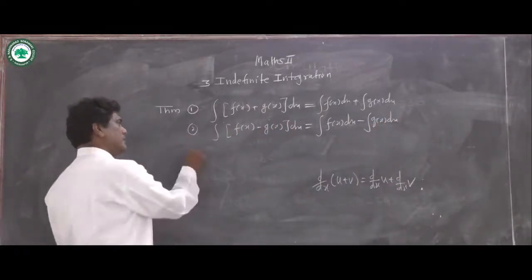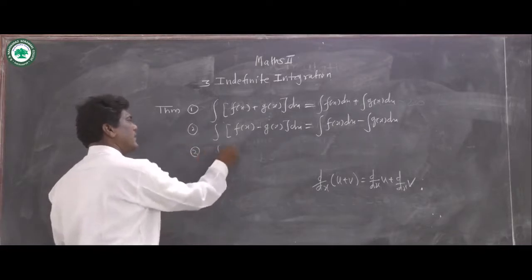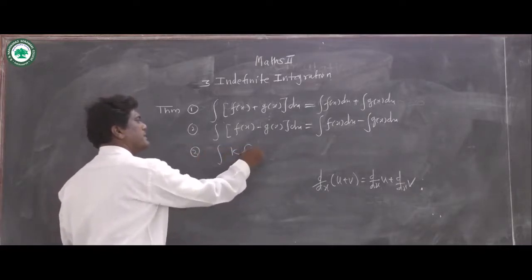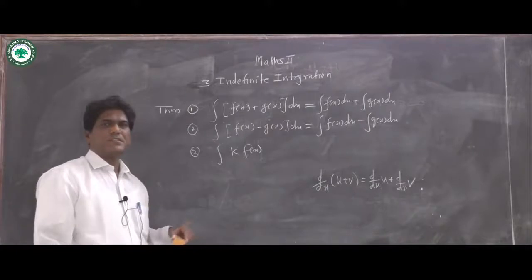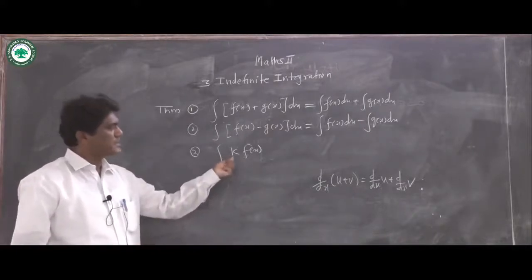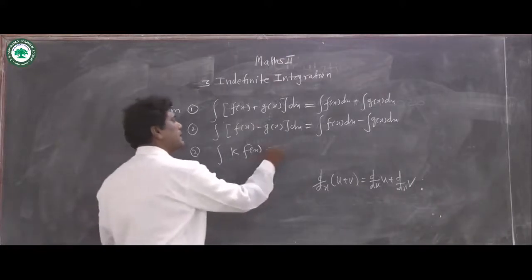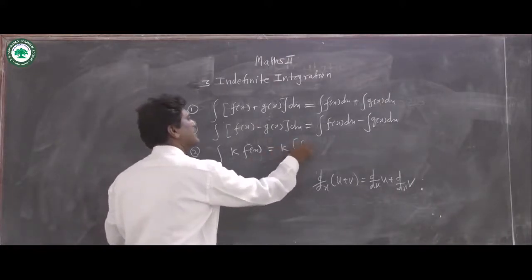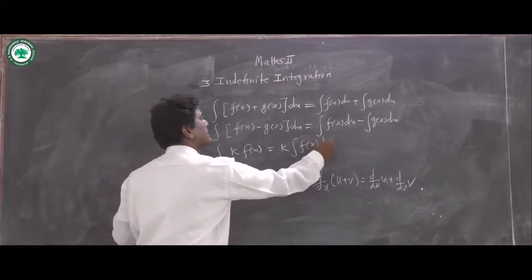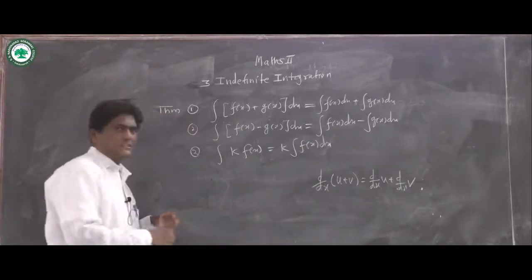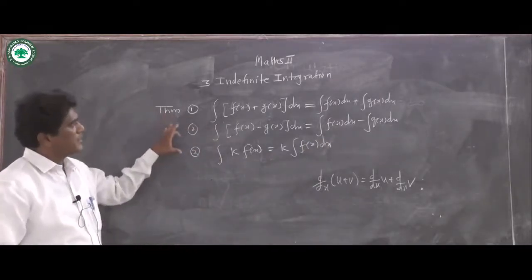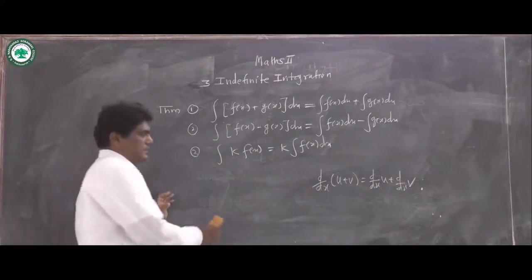Third theorem: the integration of k into f of x dx, where k is a constant. We take k outside the integral, so k into the integration of f of x dx. So these are the three theorems on indefinite integration.